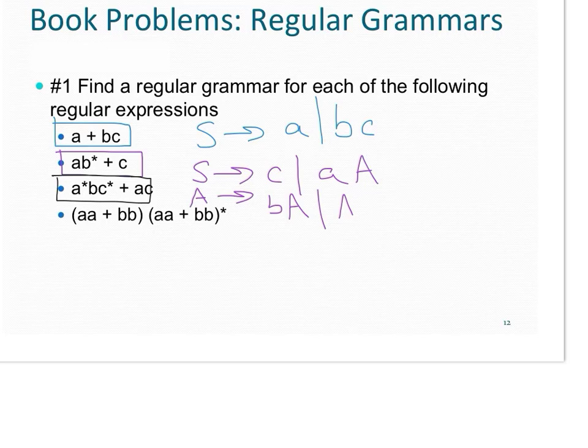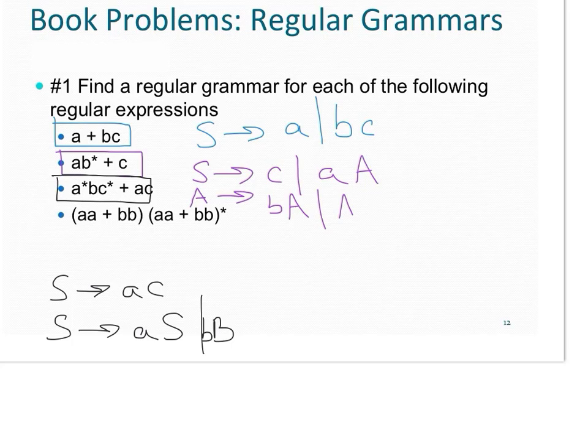So let's see. For starters, I could just say S goes to AC, right? Because that's the easy one. And now I need to do the rule for A star BC, so S goes to AS or B. And in fact, I could write S goes to AS or little b, big B if I'm feeling lazy, right?